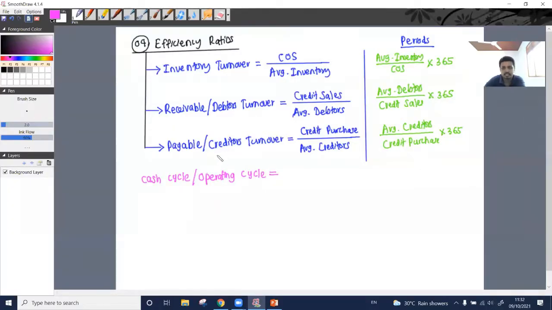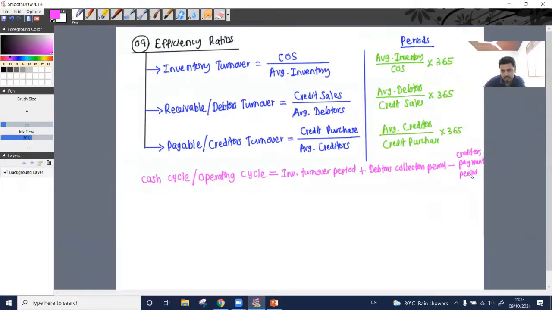How to compute that? That is inventory turnover period plus debtors collection period minus creditors payment period.